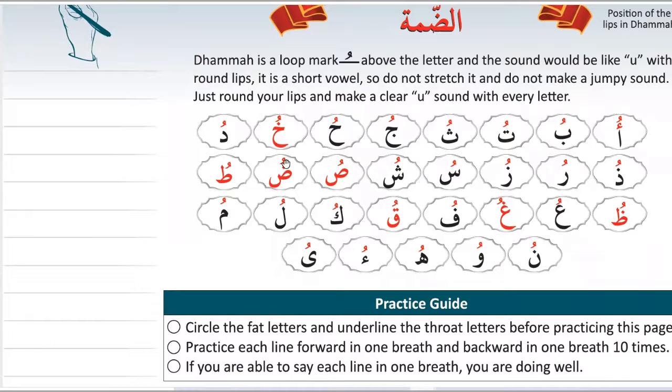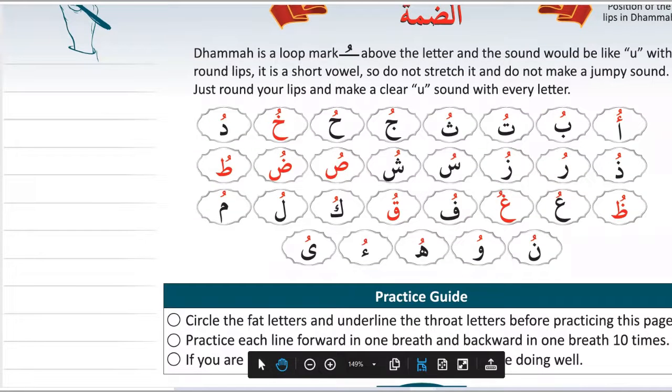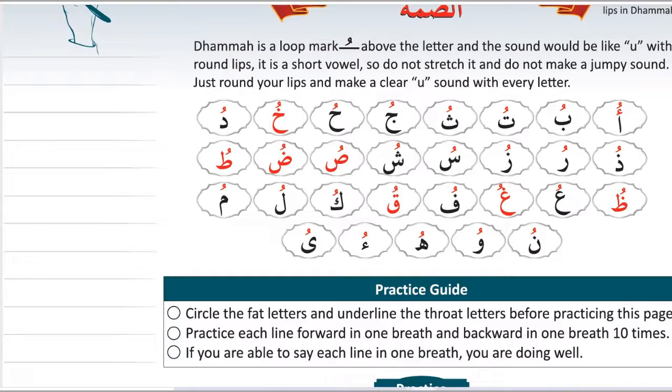There are 7 letters which we have to pronounce heavily: Kha, Sad, Dad, Ta, Dha, Ghain, and Qaf. While pronouncing these letters, you have to make them heavy, and it has U sound at the end. So you have to remember these points.